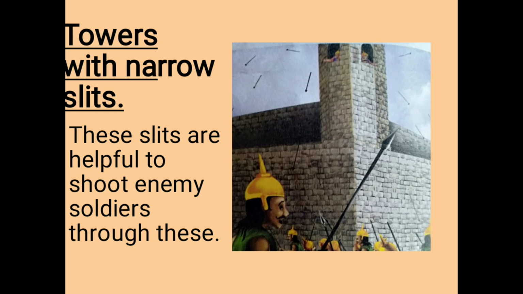And now is our towers with narrow slits. What is the purpose of these towers with narrow slits? They have built these towers with narrow slits to allow archers to shoot the enemy from those slits which are given here. Slits, can you see here? They are shooting. But if the enemy people want to shoot back, what happens?